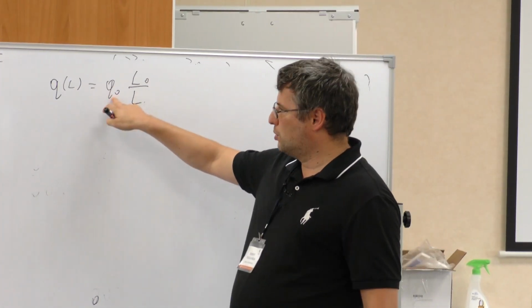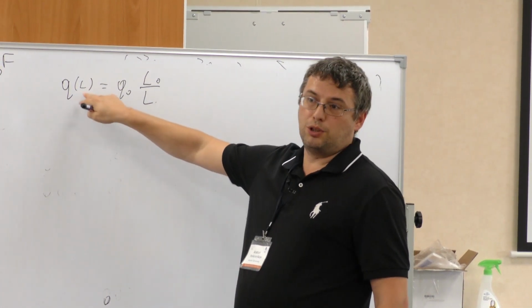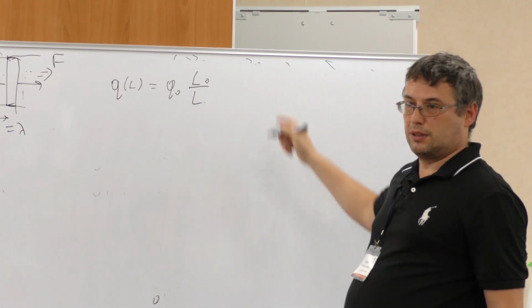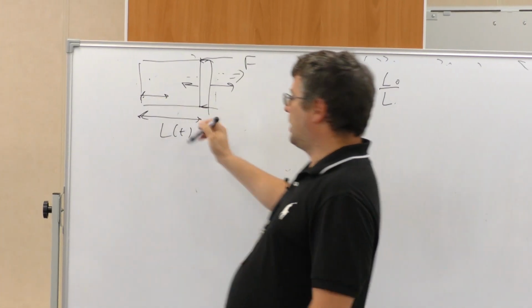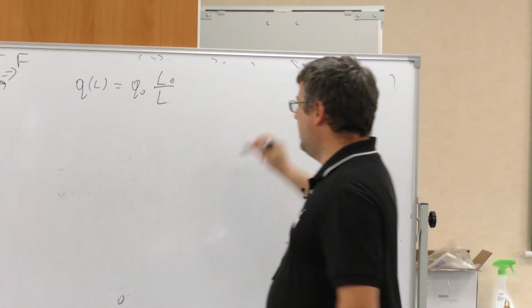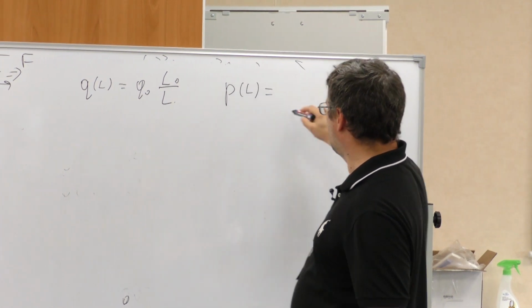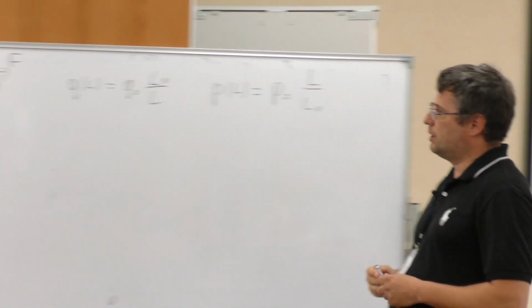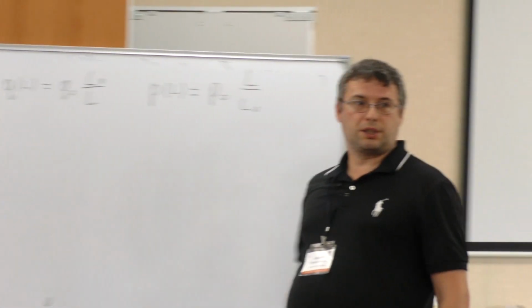I want that when my lab coordinate Q naught reaches the end of the boundary, my new moving variable reaches the end of the fixed boundary, right? So Q naught, my lab variable, is squeezed, but my transformed variable is not. And then just the last word: I have to define P of L as P naught times L over L naught. In this way, I will of course have correct Poisson bracket relations.